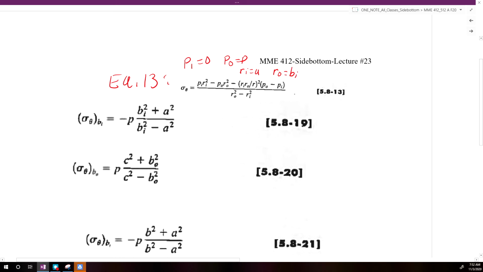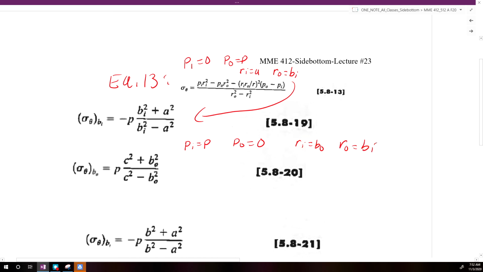You plug all that in, we get our tangential stress. We can do the same process for the outer element, where we would have Pi equal to P, Po equal to 0, Ri equal to Bo, and Ro equal to c.